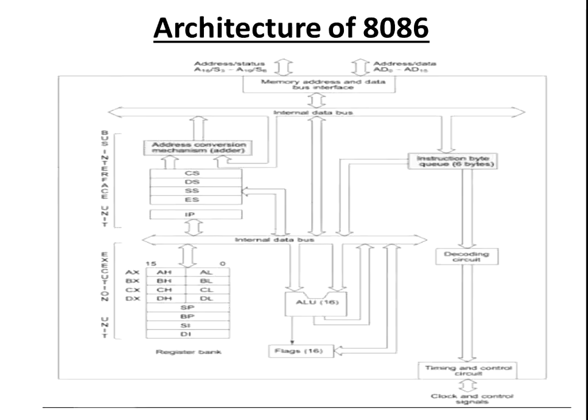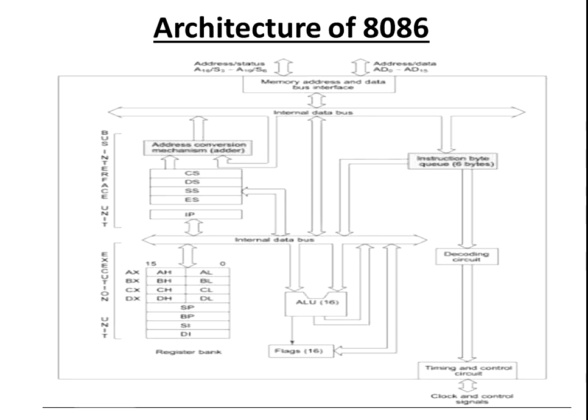So in this figure we can see the architecture, we can see the bus inside the bus interface unit. On the left side we can see the address conversion mechanism, that is the address adder, so that will generate the 20-bit physical address.